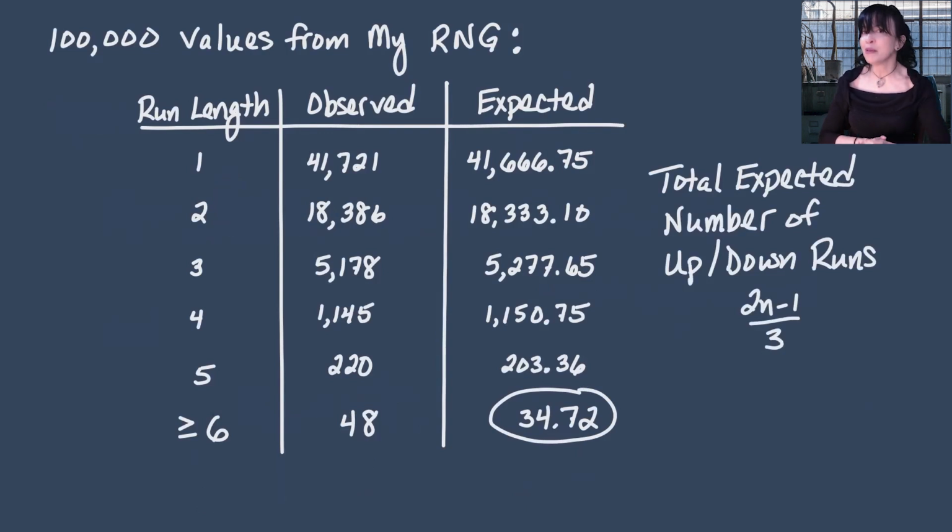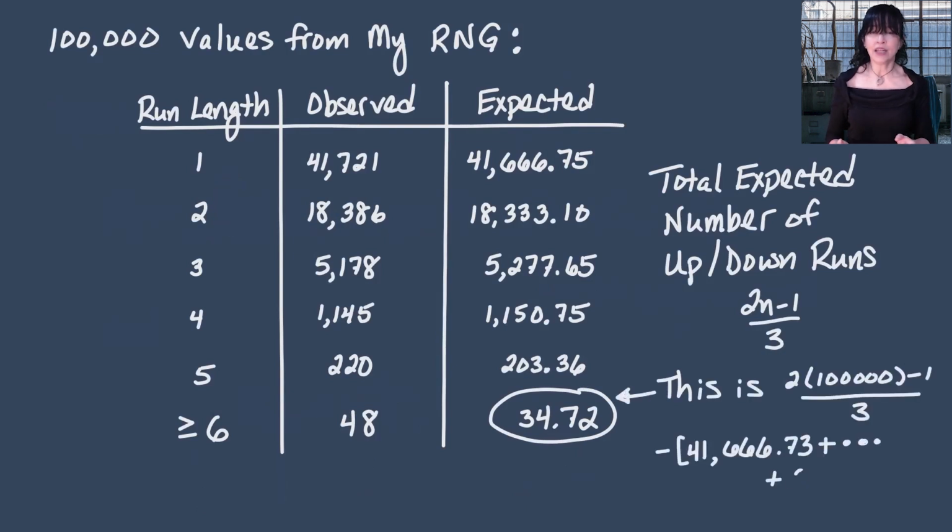Now, this is going to be made up of up-down runs of length 1, up-down runs of length 2, up-down runs of length 3, etc. So I can get, and I did get this number of 34.72 by taking 2 times 100,000 minus 1, all divided by 3, the total expected number of up and down runs, and then I took out what I counted for the expected number of up and down runs of length 1, length 2, length 3, etc. And that's how I got the 34.72 here.